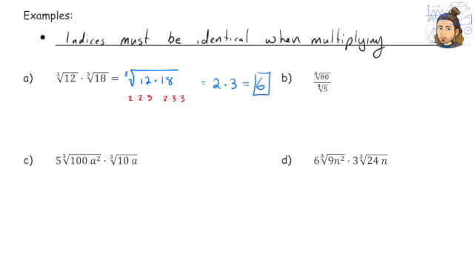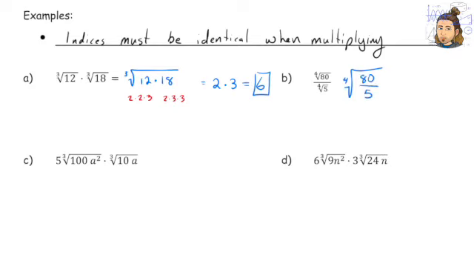All right, let's do another example here. I have the fourth root of 80 divided by the fourth root of 5. They have the same index, so they're both fourth roots. So I can go ahead and rewrite this as the fourth root of 80 over 5.